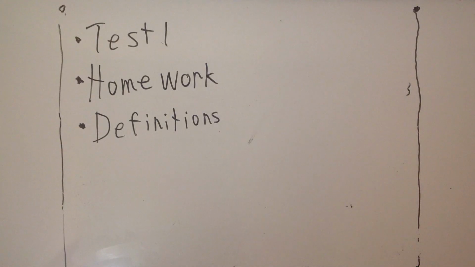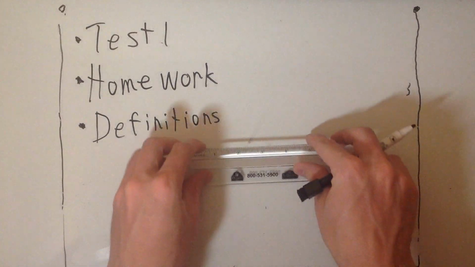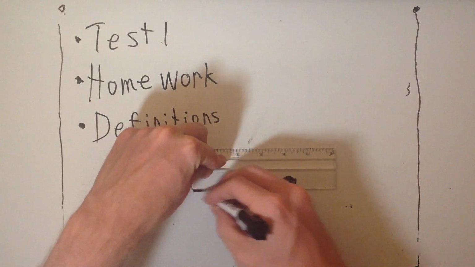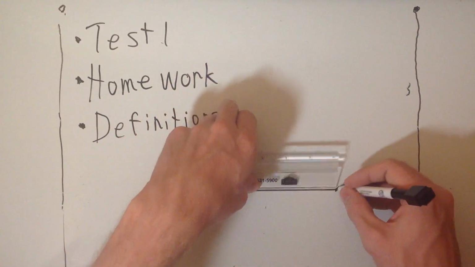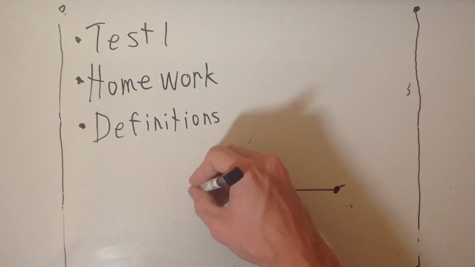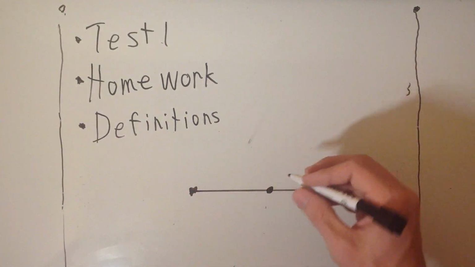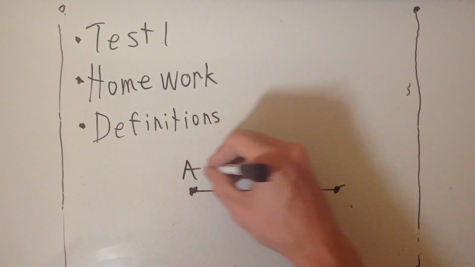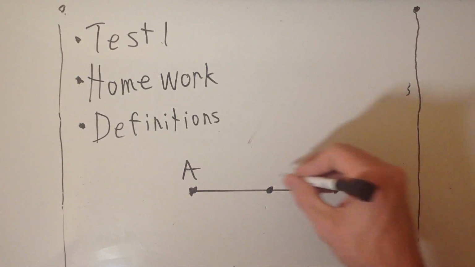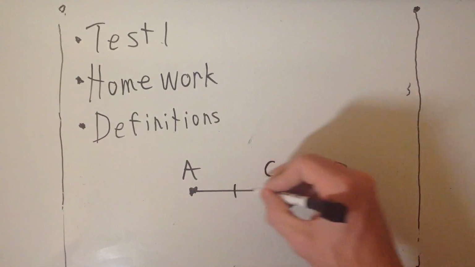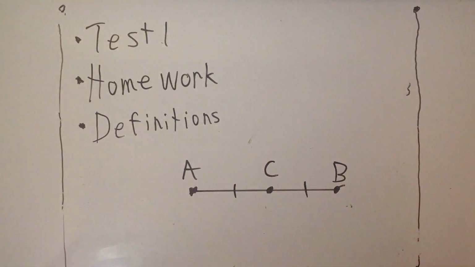And so here's one of the more complicated ones where we have to actually use algebra. If we have a few line segments here, we'll denote them by points A, B, and C. These two line segments are congruent with each other.